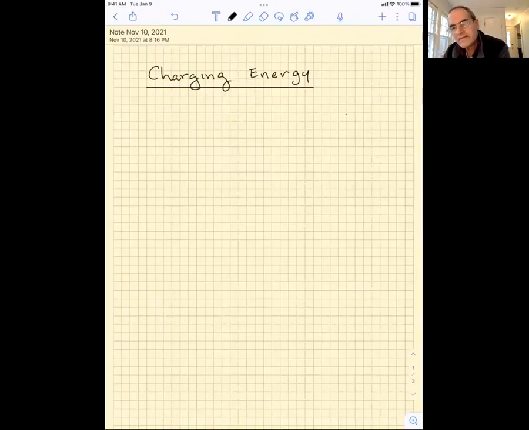Okay, let's consider the charging energy of a quantum dot, a metallic quantum dot. So imagine I have one of these, which we'll take for the moment to be a sphere. And suppose this sphere has some radius r, and it's embedded in some dielectric with dielectric constant epsilon_r.